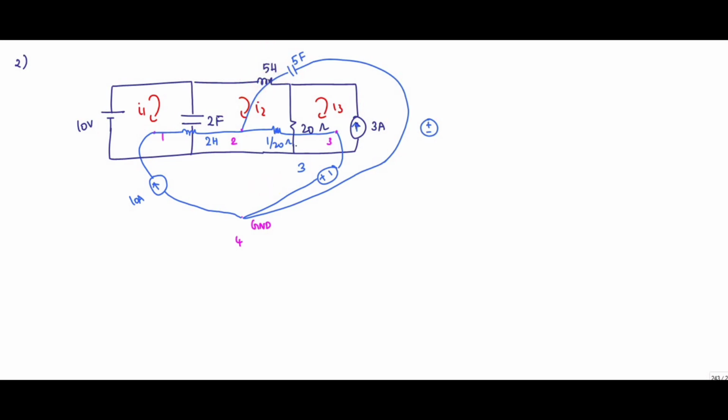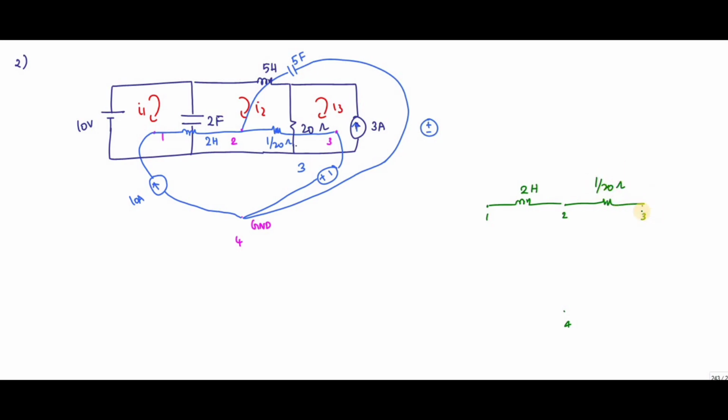Now let me draw the dual of the circuit. This is 1 and this is 2, and this one is 3, and this one is 4. From 1 to 2, you have 2 Henry, and from 2 to 3 you have 1 by 20 ohm.